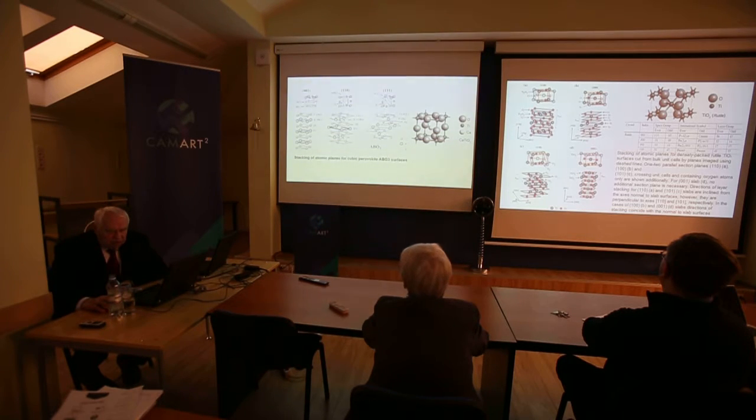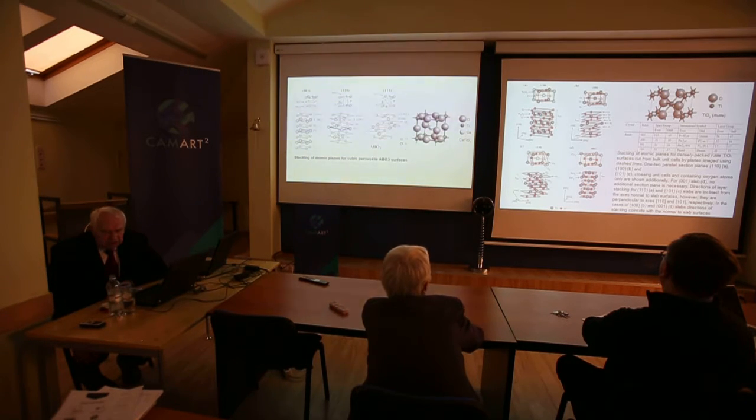Okay, and now maybe this is the result. I have no time for detailed analysis, but I simply wanted to show you, on the rutile example, what happens if you consider different surfaces with different indices: 001, 100, 101, 110.